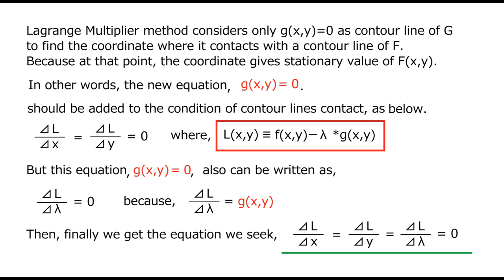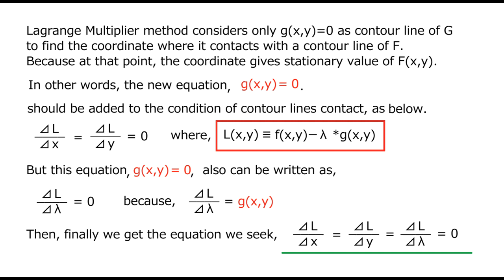If the curved surface G drawn on the xy plane is compared to a mountain, the constraint condition g(x,y) equals 0 is equivalent to the contour line of sea level equals 0. And on the xy plane there is another mountain called f, but when a point (x,y) moves along the curve g(x,y) equals 0, the point goes up and down the mountain f.